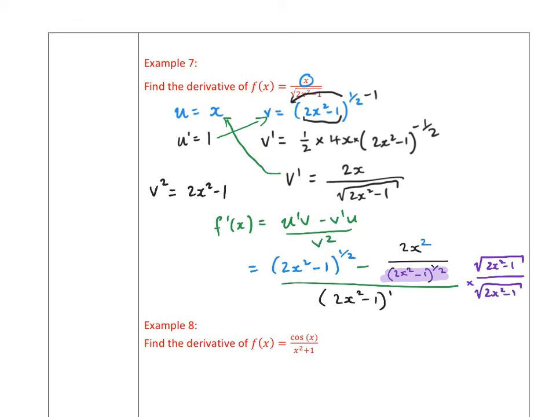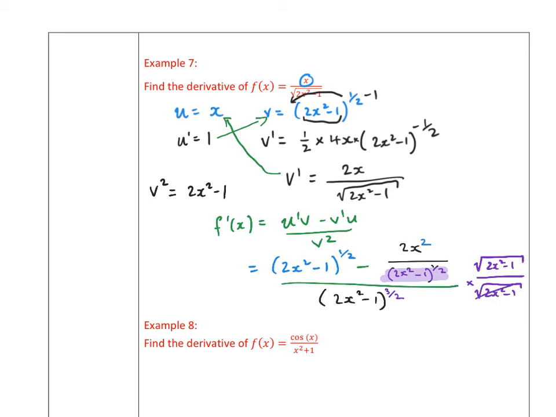So I know that my power down the bottom, if I'm doing 2x squared minus 1 to the half times 2x squared minus 1 to the 1, ends up being to the power of 3 over 2. So that's dealt with that.